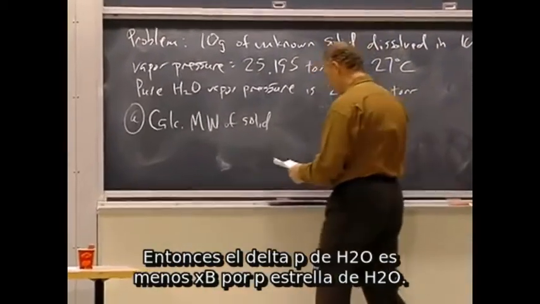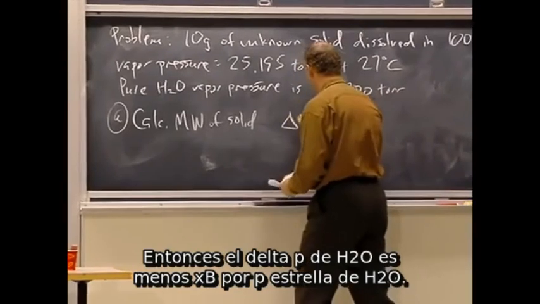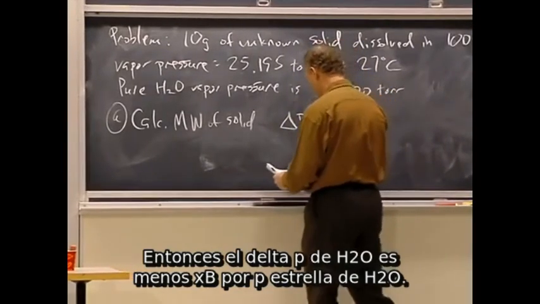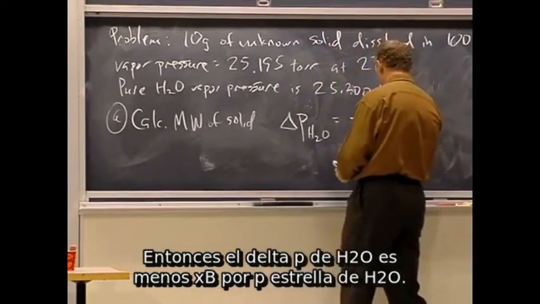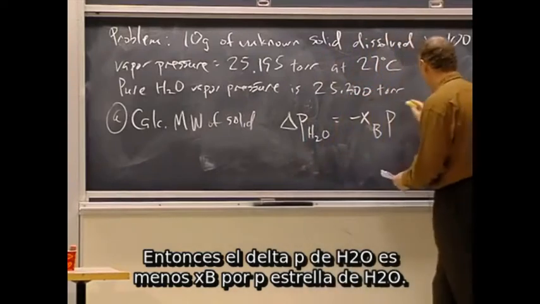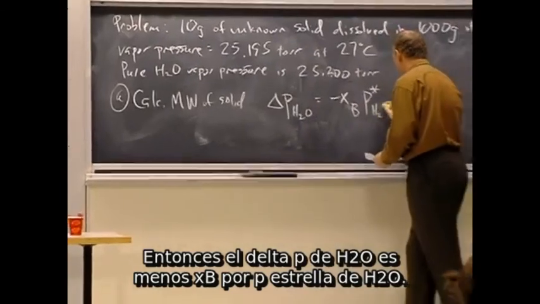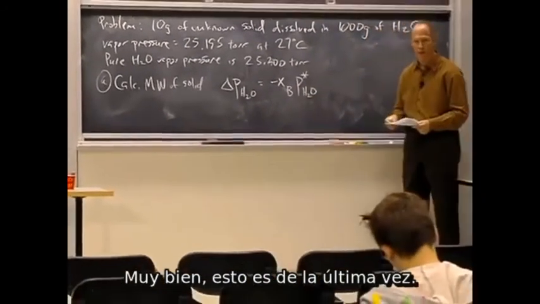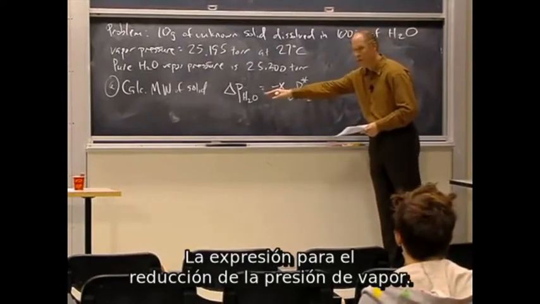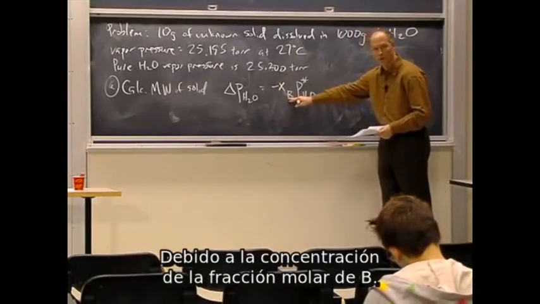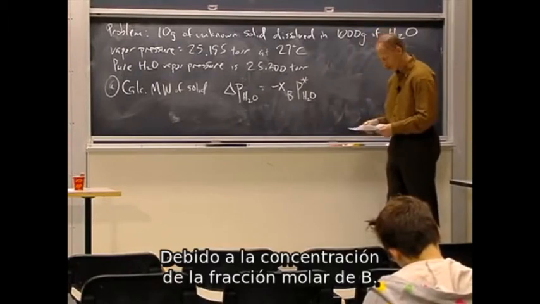So the delta P of H2O is minus XB times P star of H2O. This is from last time. The expression for the vapor pressure reduction due to the concentration of the mole fraction of B.